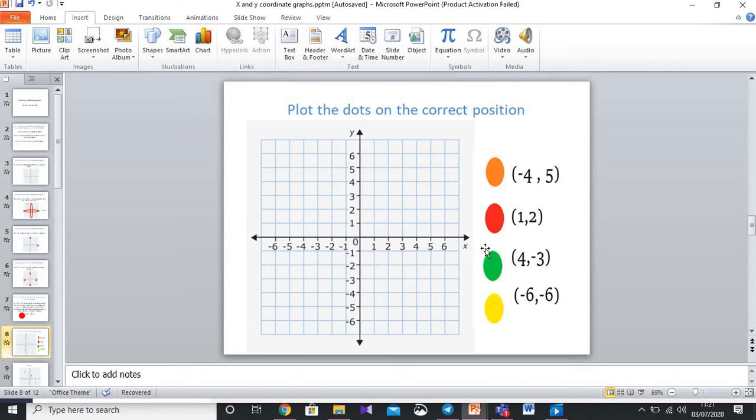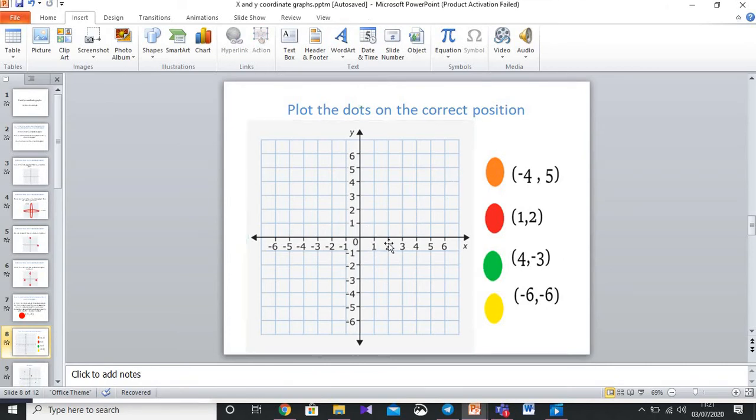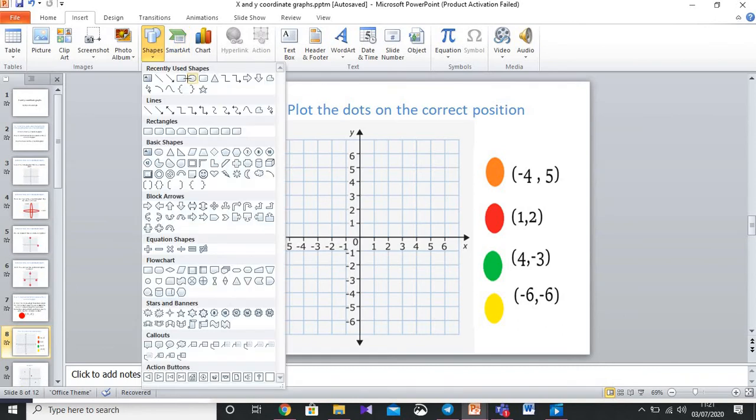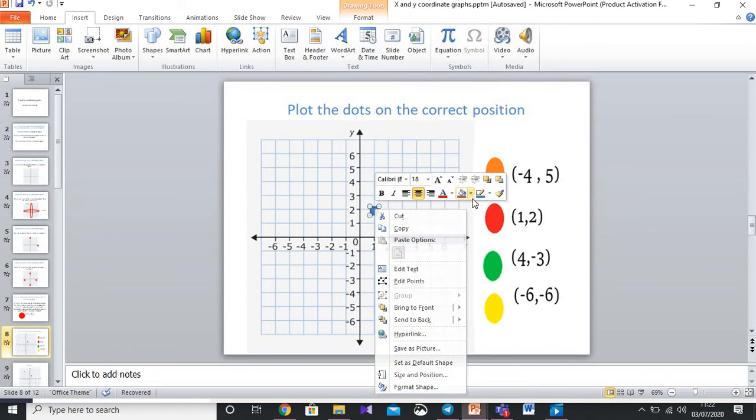X axis and then number 1 from the x-axis, and then we're going to move until we get to number 2 of the y-axis. So we can say this is the position of the red dot. So I will take a shape, circle, and draw my circle. And make it in color red.